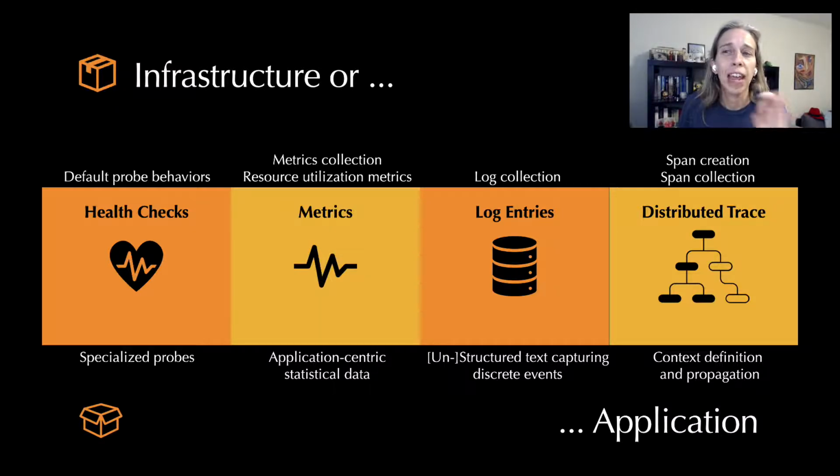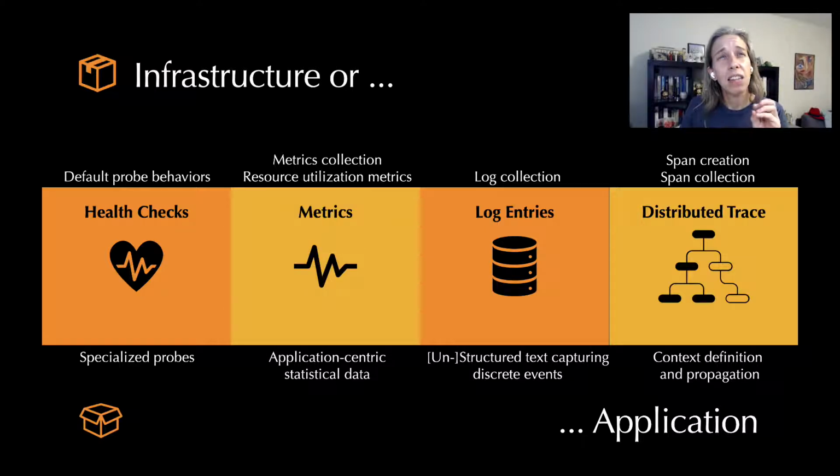What the infrastructure can't do is the application-specific stuff, right? It can't say, oh, this is a Java application that needs these resources to be available before it can service requests. It can't know application-specific metrics that would be good to gather to make sure the application is doing the right thing. It can't emit that rich, structured or unstructured log text so that the service maintainers can understand what happened when a request passed through the service.